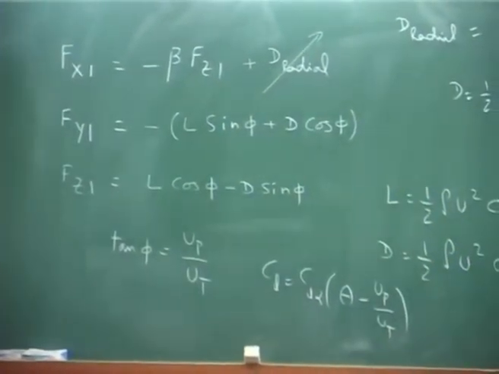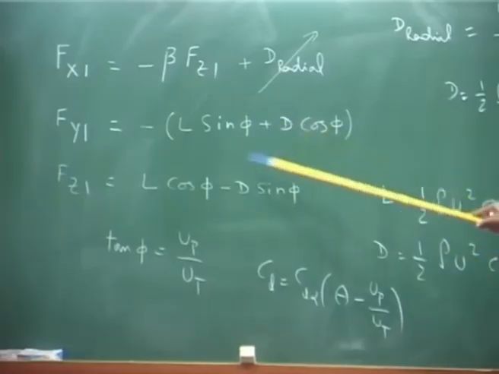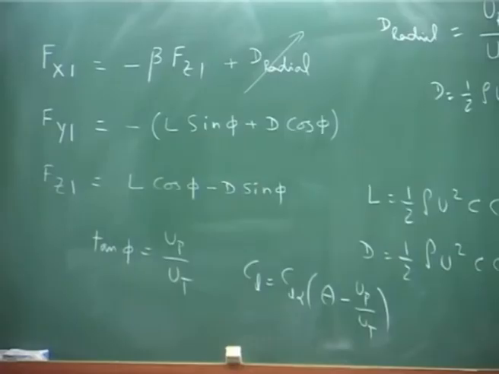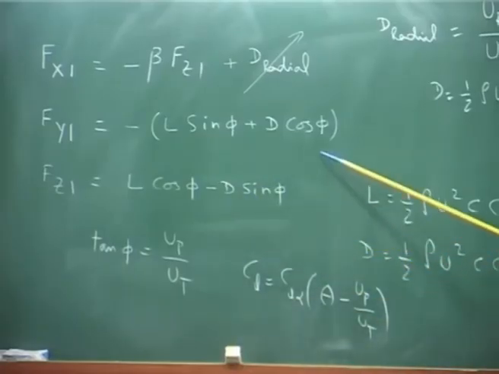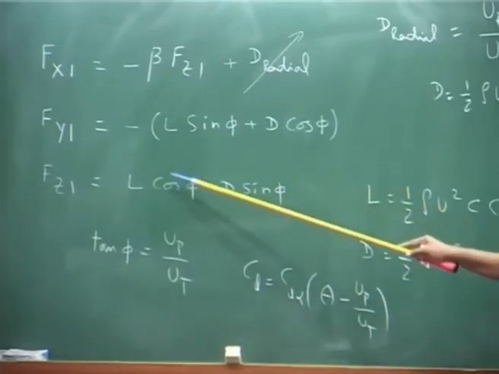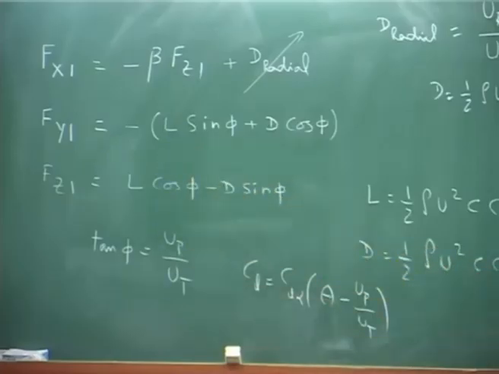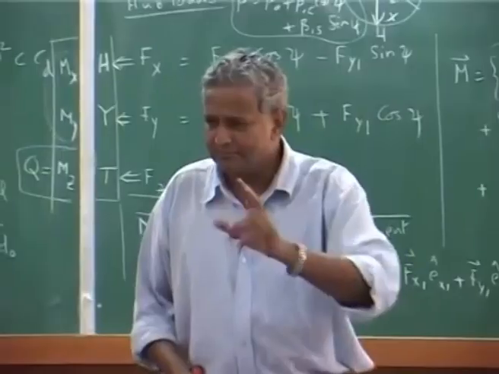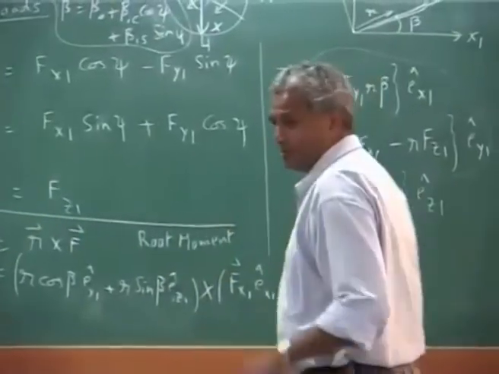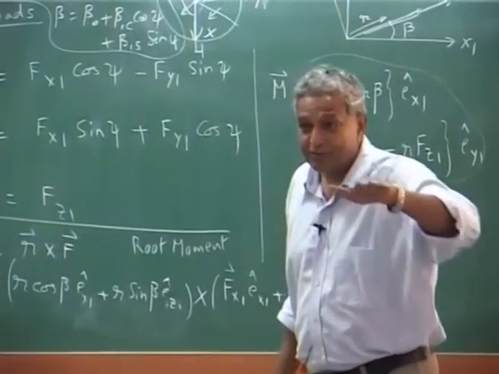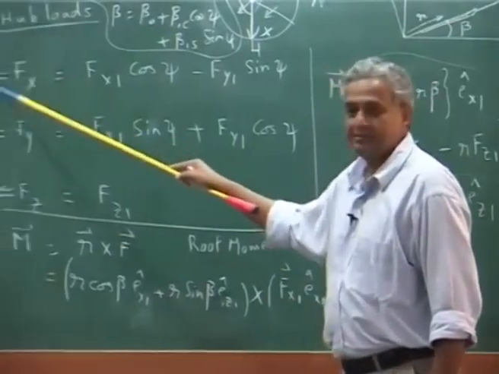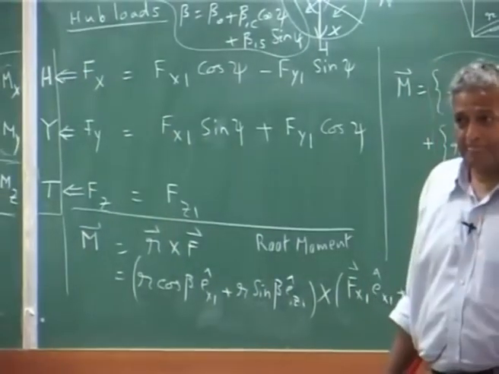This jugglery is done, but when I do that I do not make any assumptions, I will just take the entire expression as it is. It is not that I throw away the drag term and take Fz as only lift, then I cannot get this type of form. And then I will add some term, because in forward flight you have the longitudinal force.